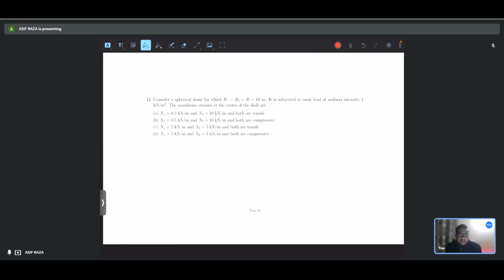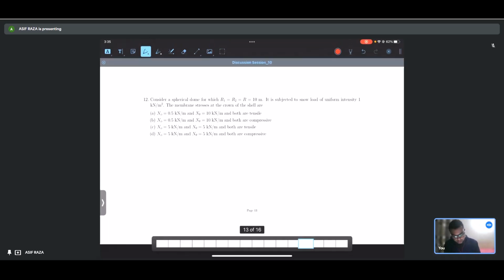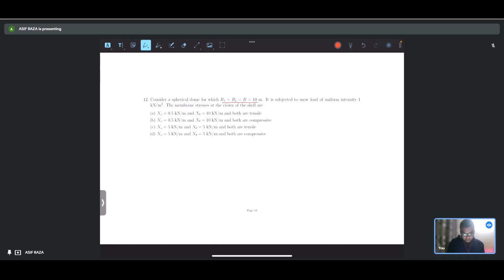Moving on to the next question. Consider a spherical dome for which R1 equal to R2 equal to 10 meter. It is subjected to snow load of intensity 1 kN per meter square.